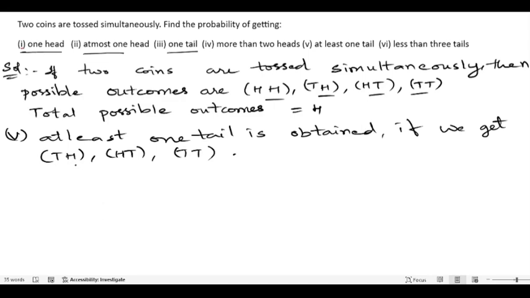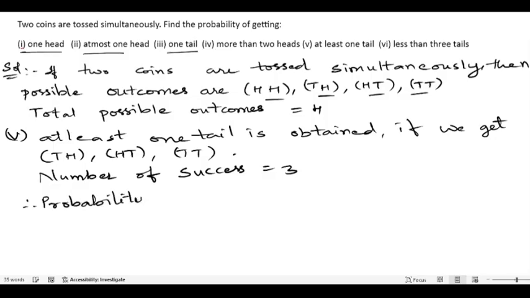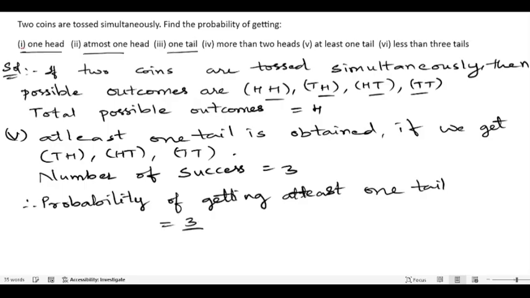So at least one tail is possible with this. So number of success is equal to 3 possibilities. So therefore we can write probability of getting at least one tail is equal to, favorable outcomes is 3 and total number of outcomes is 4.